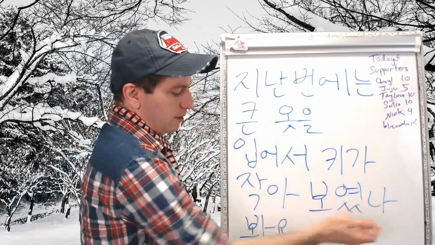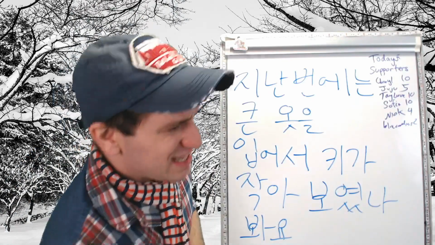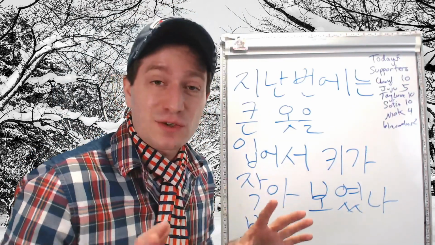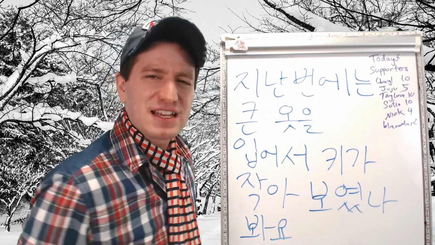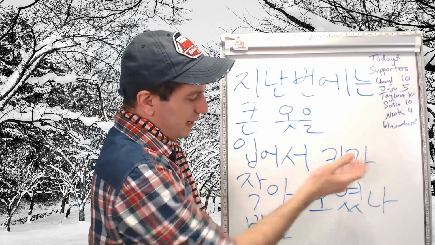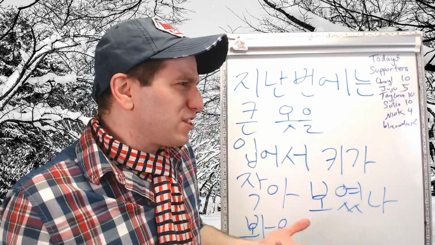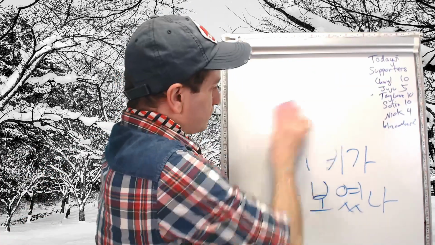This 나 보다 form, and I've taught it before, it's for expressing something seems like. It seems as if. I guess I looked short last time because I was wearing big clothes. 지난번에는 큰 옷을 입어서 키가 작아 보였나 봐요. I guess that the reason I looked short last time was because I was wearing large clothes.